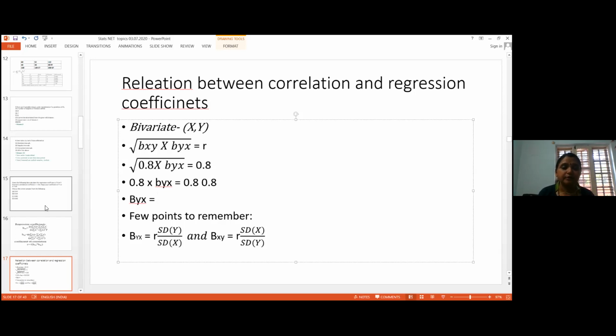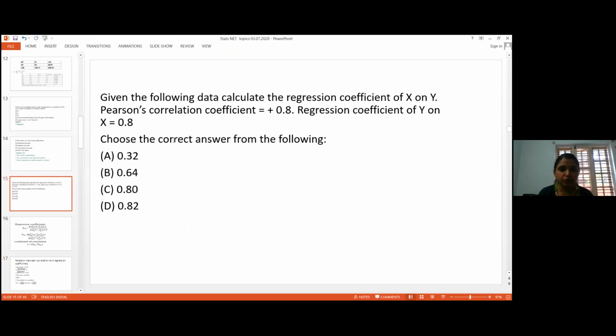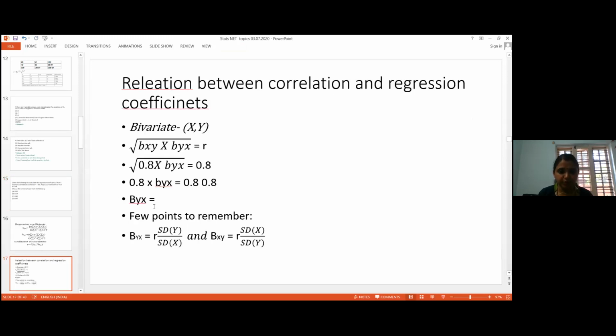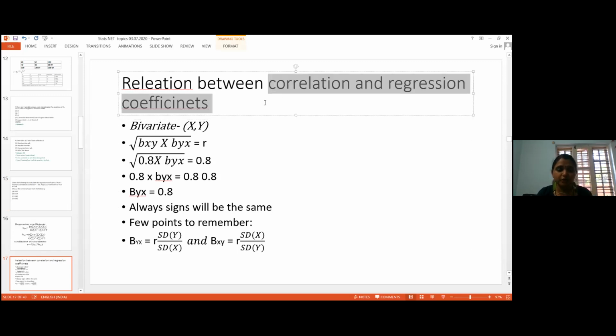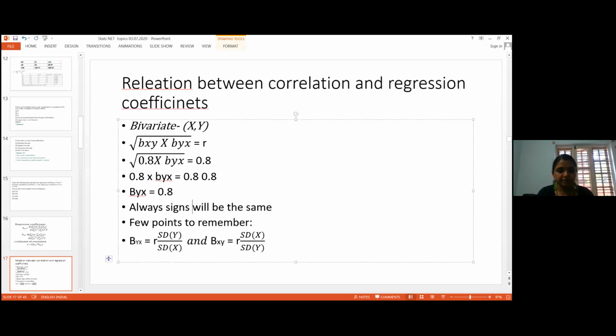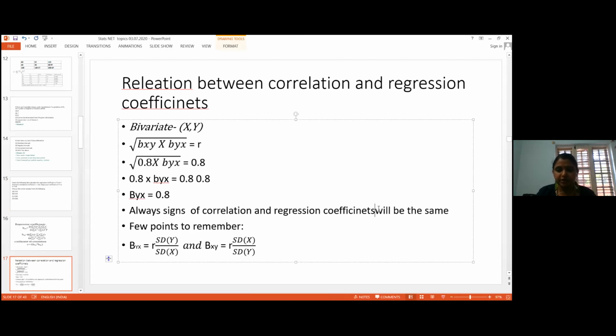We need to be very careful. What was the sign here? Let's take a note of the sign. They are positive. You can also keep in mind 2-3 points over here. The answer is 0.8, and you need to remember that always signs of correlation and regression coefficients will be the same. They will never change.